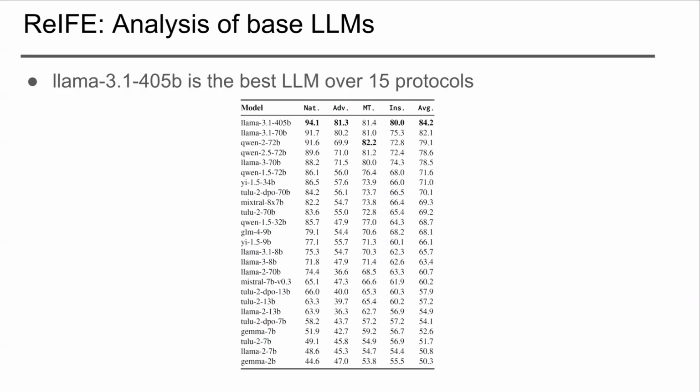Okay, so now we also wanted to see which open source model is better across all the different protocols. If you average all the protocols, which one works better? And there's a clear gap between Llama 3.1 405B and the 70B, which is expected. However, Llama 3.1 is much better than similar sized models.